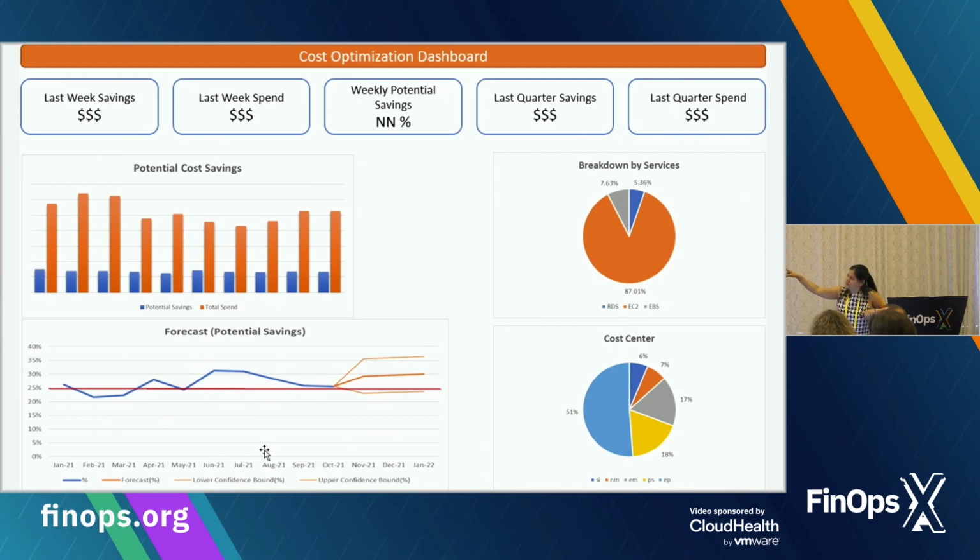But you notice the potential savings, or the spend that is wasted, is staying constant. So my efficiency metrics are on track. Another area is at the top, where I'm measuring some KPIs month over month, quarter over quarter: how much we are saving from the effort and how much we are spending.